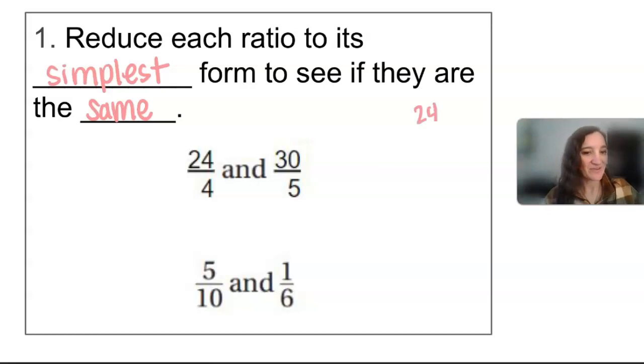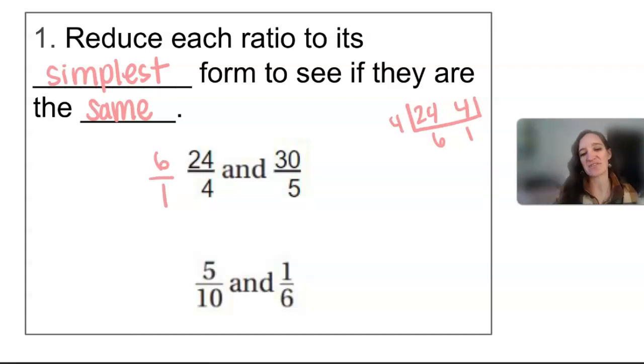If you need a reminder of how to find a common factor to divide by, you can GCF, birthday cake it up, and that will help you find the greatest common factor. So if I divide both of these by 4, I will get 6 to 1. So 6 to 1 is the same ratio as 24 to 4.